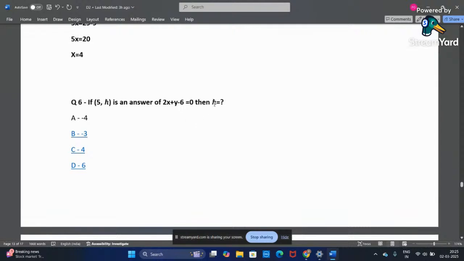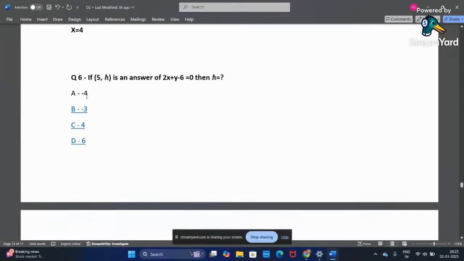Same way, you need to find the value of h. What you have to do is, take this 5 as x.